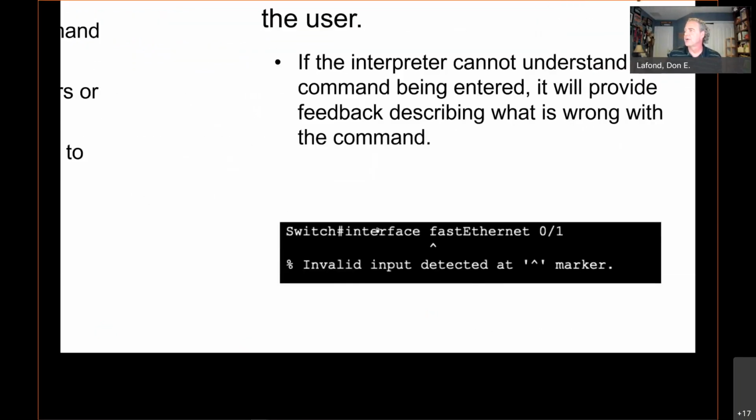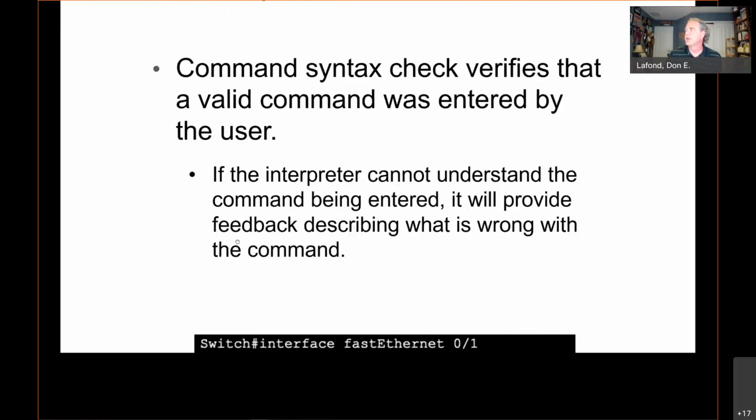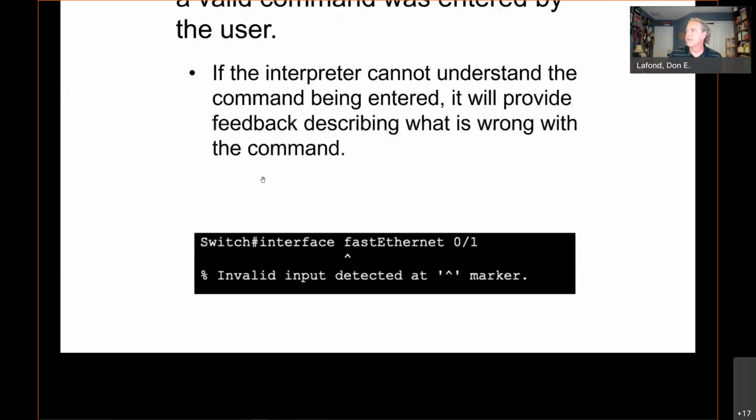Now, it also gives you help to verify you typed a valid command. If the interpreter cannot understand the command you have typed, then it will put what we call a caret. It will put a caret under the first letter of what doesn't make any sense to the software.